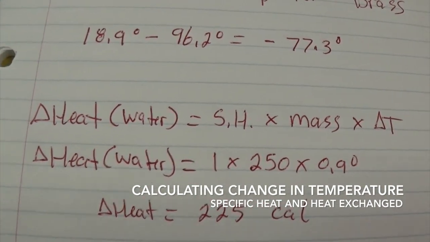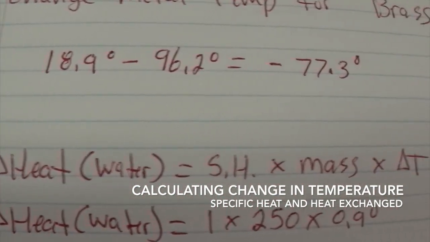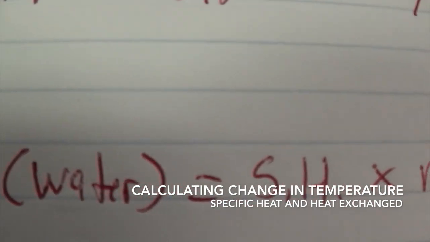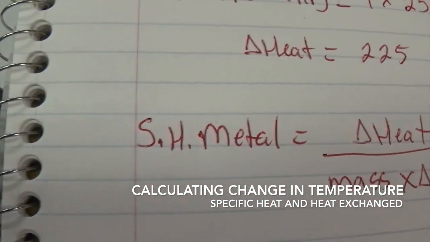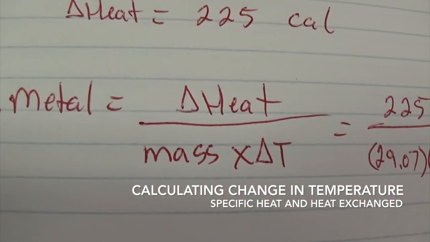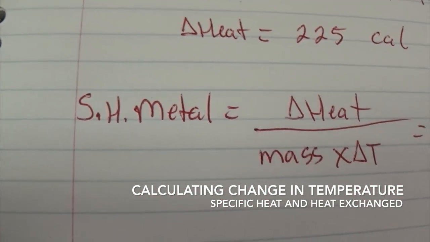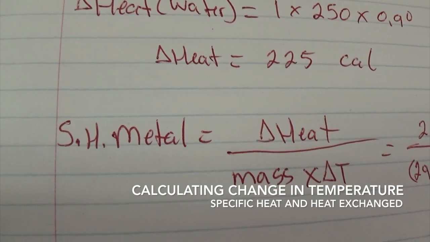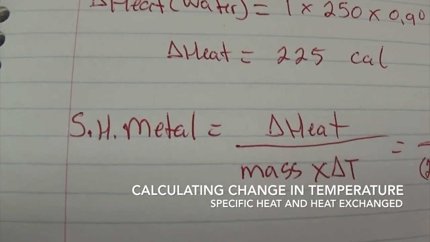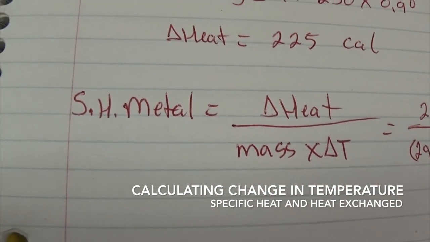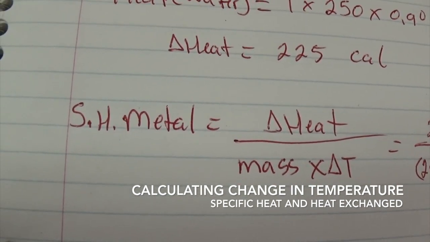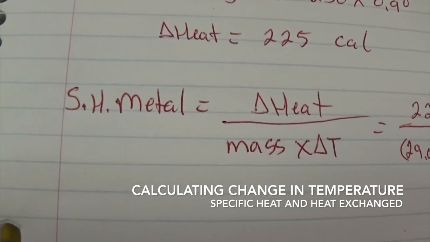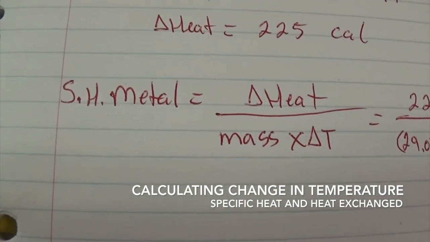Now, how do we find the specific heat of the metal? We take the same equation, rearrange it, and solve for specific heat. If I do that, I get something that looks like this: delta heat divided by the mass times change in temp. Now all of these have to be relative to the metal. Fortunately, the change in heat is the same. However, the mass and change in temperature for the metal are not the same as the mass and change in temperature for the water. So we have to use that information as recorded in the data table.